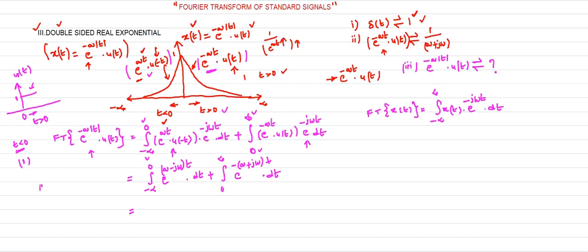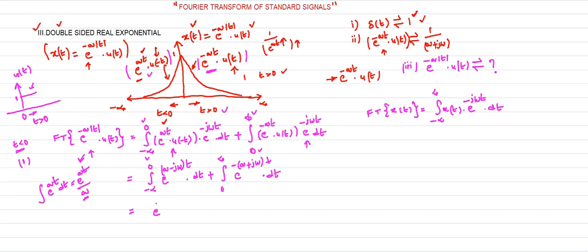Now what is the integral of e power at dt? I already told you the formula: e power at divided by the coefficient of t. Here, a is the coefficient of t. So in this case the coefficient of t is a minus j omega.